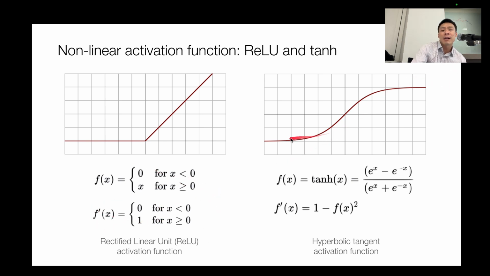And hyperbolic tangent, who knows what this is? We don't use this much anymore because these two competed for a long time, and then people preferred this one. Why? Because people use it and it works better than the hyperbolic tangent. So people just follow fashion. This is so ugly.